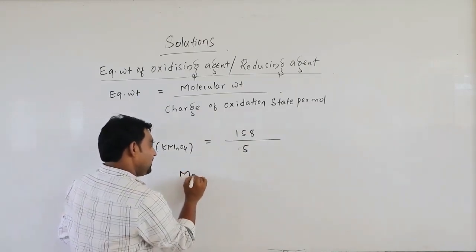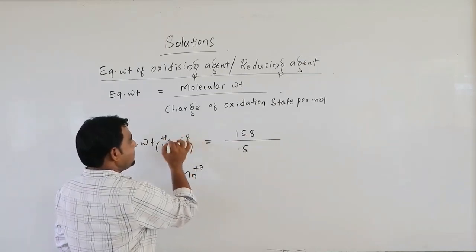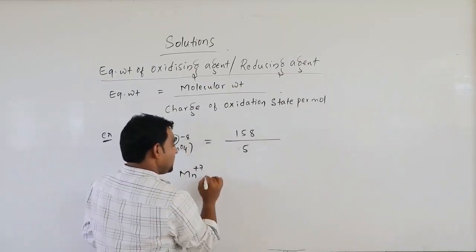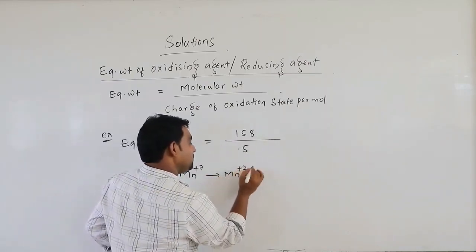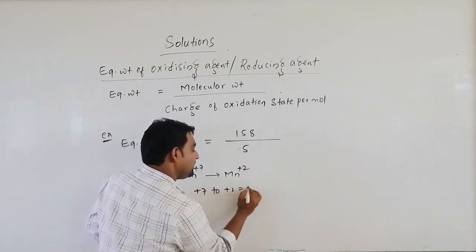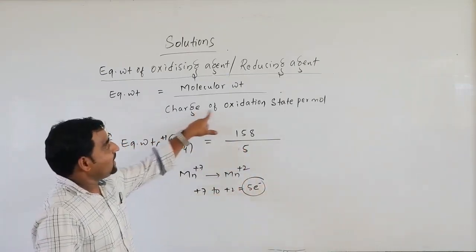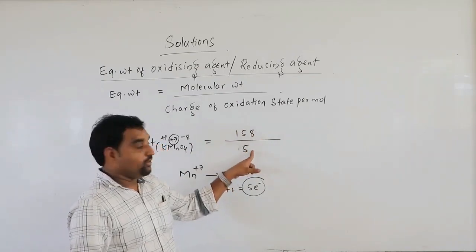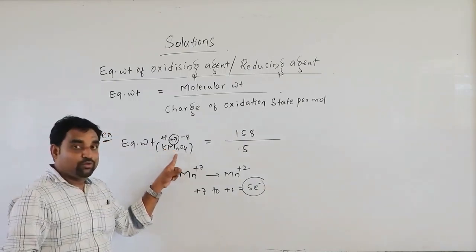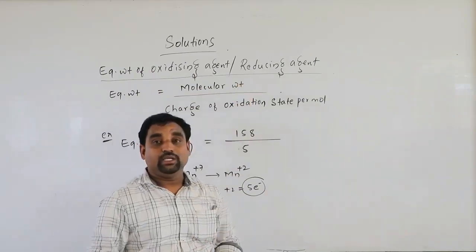Mn has a plus 7 oxidation state, since K is plus 1 and the four oxygens are minus 8. This is converted into Mn plus 2. Plus 7 to plus 2 means 5 electrons are transferred, hence we divide by 5. 158 divided by 5 gives the equivalent weight of KMnO4. This is the calculation of the equivalent weight of an oxidizing agent and reducing agent.